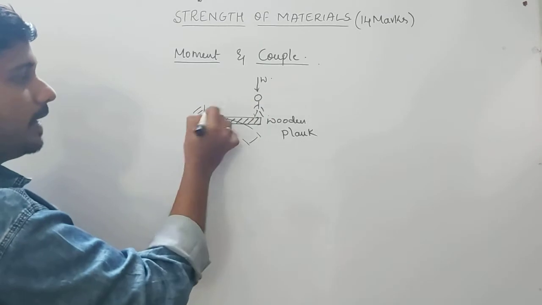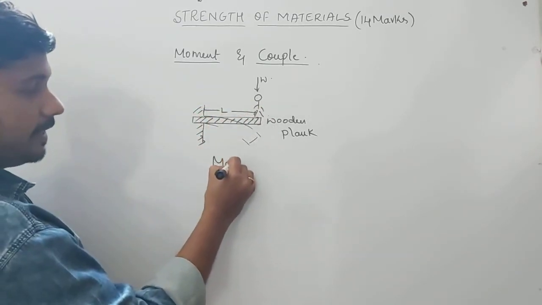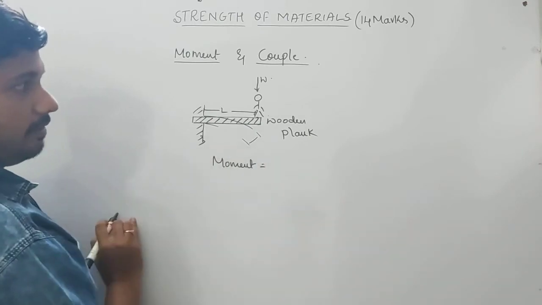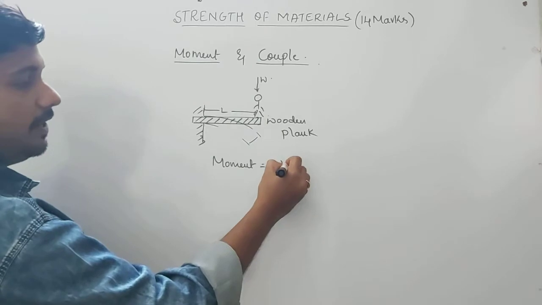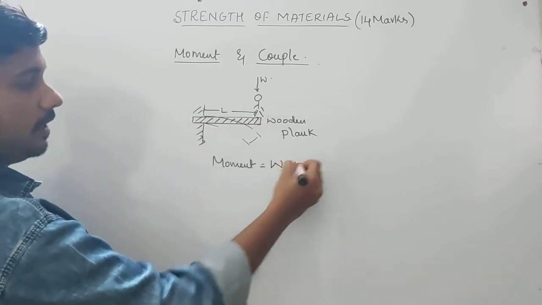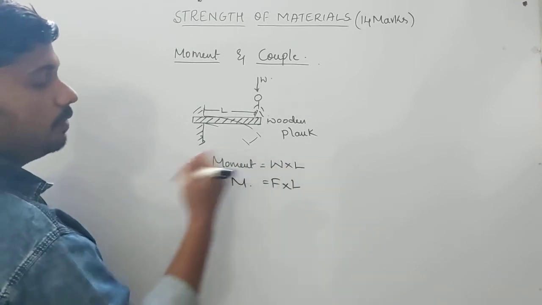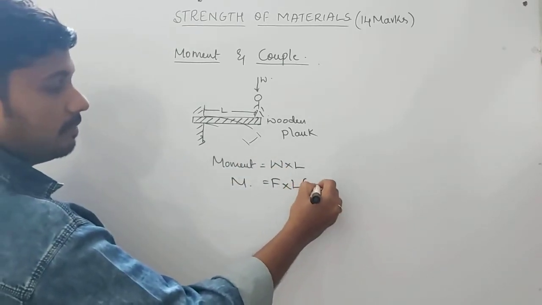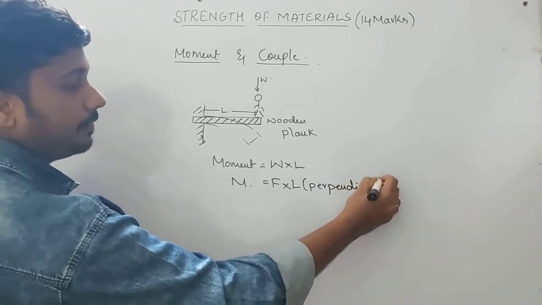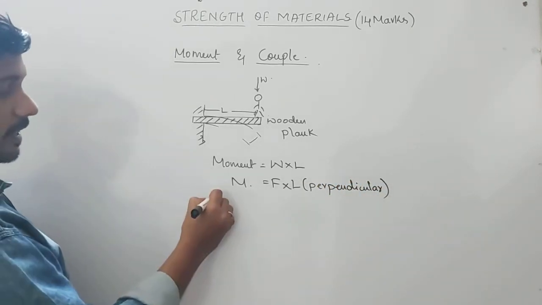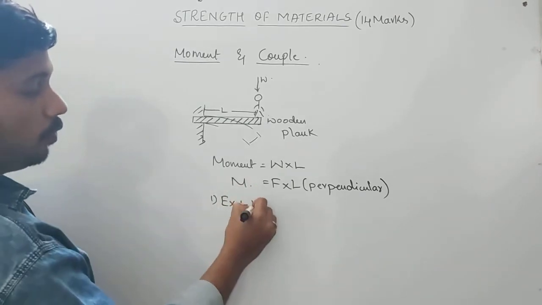So the force is applied at some distance L. Therefore I can write that moment is nothing but the force applied times the perpendicular distance L. I can give an example: a door swinging.